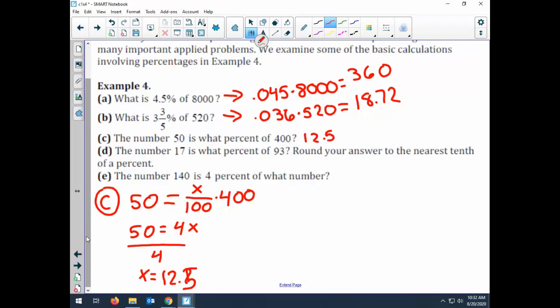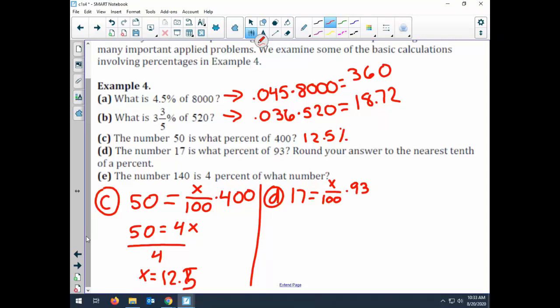So we're going to write that up there by our answer. So letter D is the exact same type of problem too. So we got 17 is what percent of 93? So we'd say 17 equals x over 100 times 93. And I'm going to convert that to a decimal. 93 divided by 100 is 0.93.